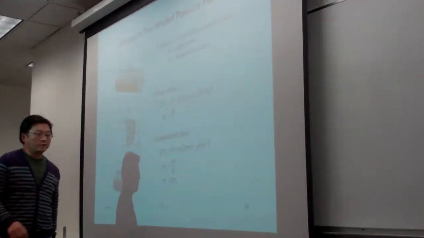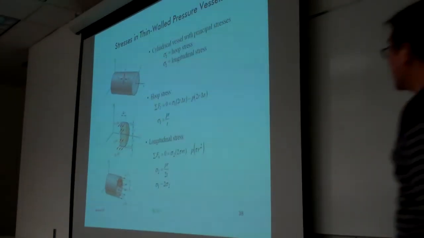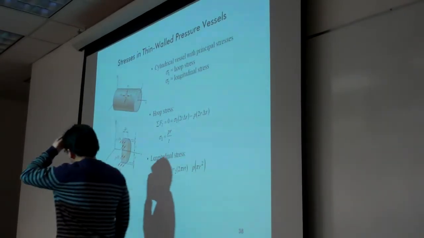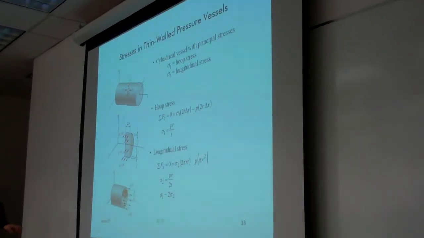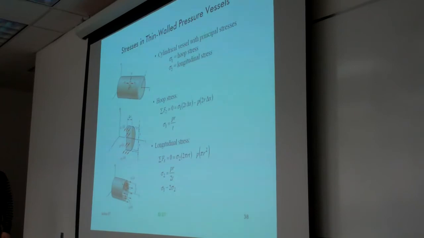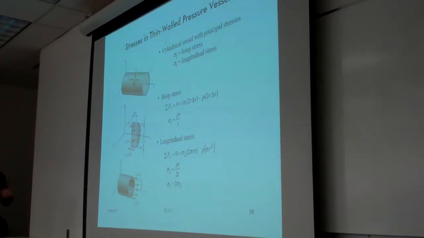The pressure vessel is a very simple and straightforward application of the Mohr circle. The formulation is very straightforward. So here I directly use the PowerPoint slides. What is a pressure vessel?